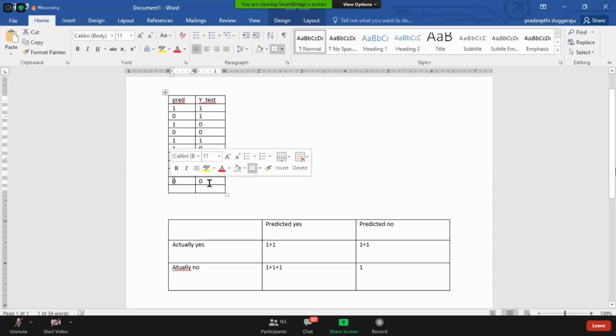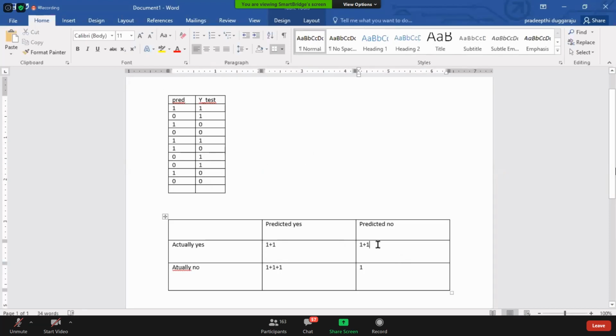Then 0 and 0. Actually, no, and predicted as no. Plus 1. So now the totals are 2, 1, 3, and 3. Oh, sorry, this is not here. This is here, guys. 0 and 0, right? No and no. Here it will be 2, right?